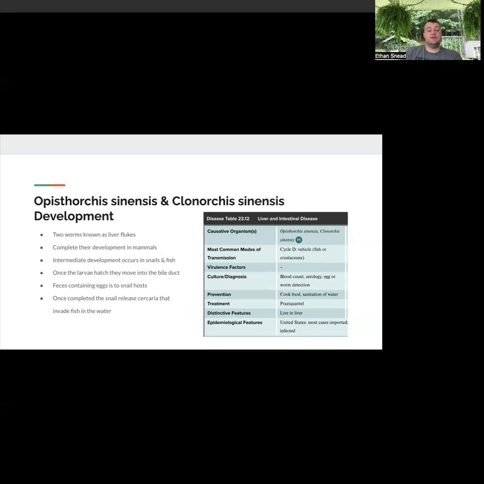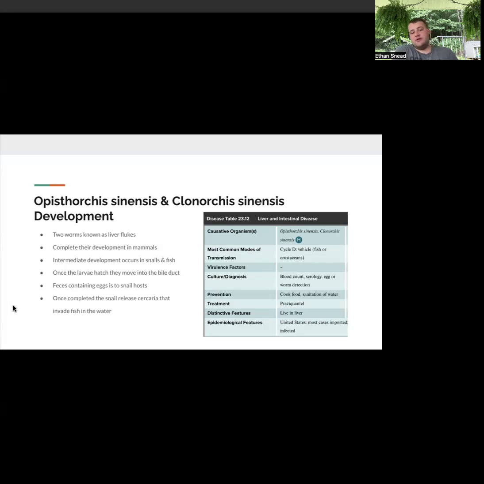Once the cycle is complete, the infected snails release these two liver flukes and their larvae and eggs into the same water that fish live in, infecting these fish, thus restarting the cycle over.